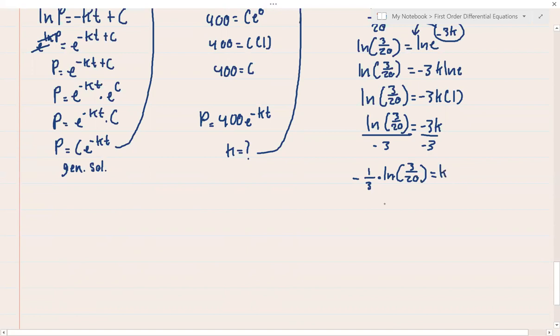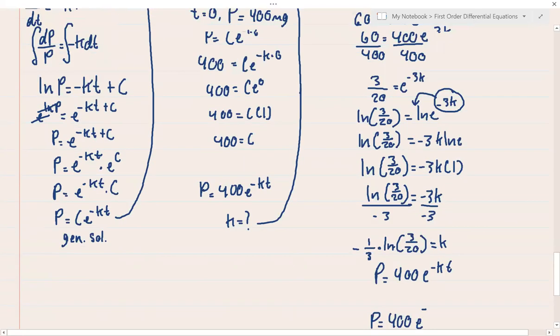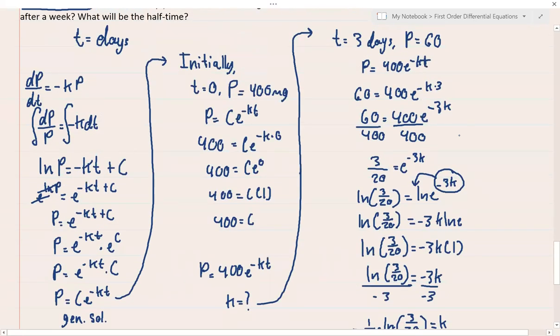Dahil dyan, we can now find our P. So your P is 400 e raised to negative kt. In here, we can now substitute your k dito. So e raised to negative, bakit short na negative to? Kasi negative 3k. Wait lang guys, check ko lang.